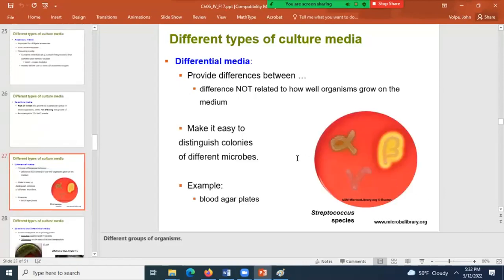There are also differential media. They have chemicals in it which provide differences between two different types of organisms. The differences are not related to how well the organism can grow on the media. Usually, the chemical makes the two types of cells or two species look different by either color or, in this case, by what's happening around the growth of the cells.